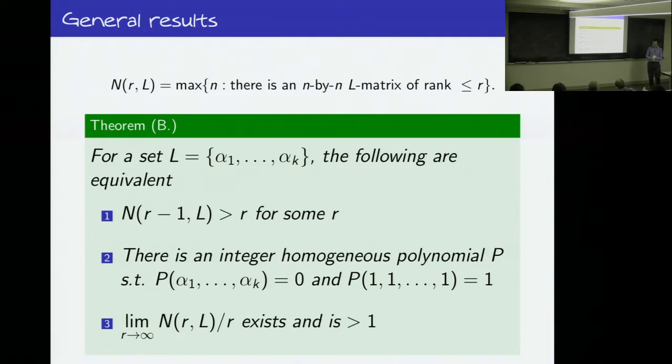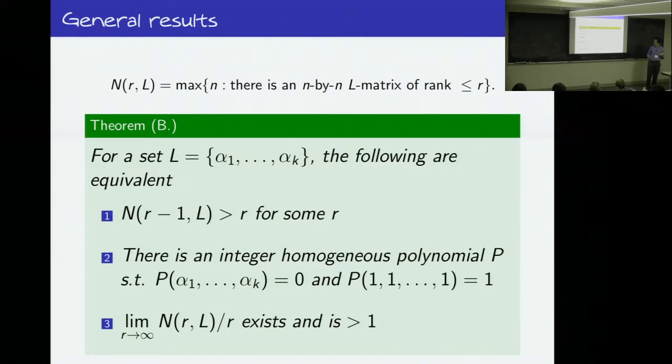And the second statement is the algebraic condition, explaining why you can do that. It's a bit surprising, because this is a linear algebra problem, about ranks of matrices. So you would expect the condition to be some kind of linear condition on the numbers alpha 1 through alpha k, which are the allowable entries. It turns out that the condition is not linear; it's a polynomial condition.